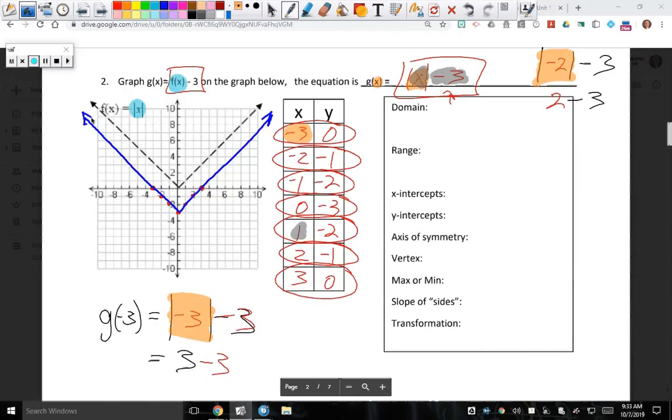Okay, here we go. Anyone can say it out loud. Don't worry about raising your hand. What's the domain? Negative infinity to infinity. And someone else said all real numbers. Okay. I just want you to put both just for the practice.